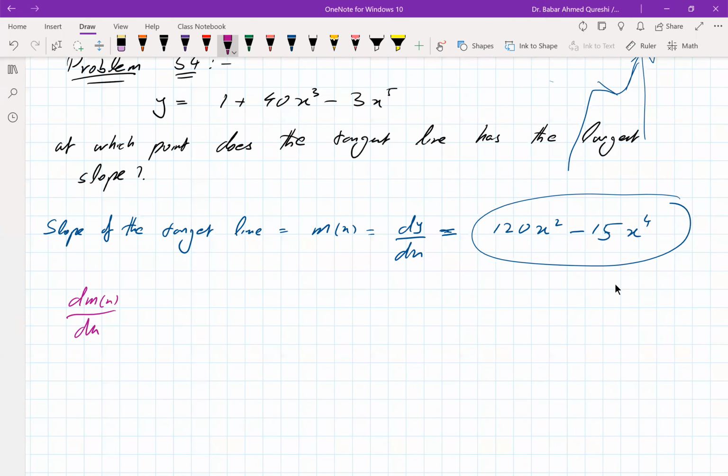So just take another derivative and put this equal to 0.